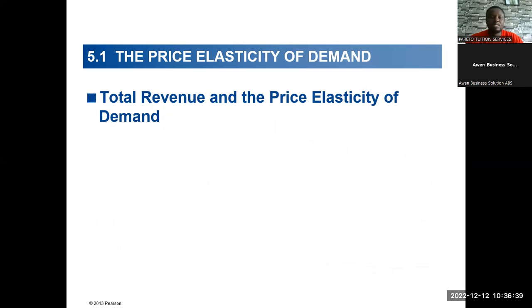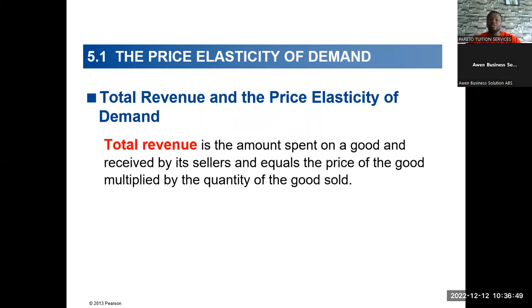Okay. All right. What is the relationship between total revenue and price elasticity of demand? So we need to know what total revenue is. To the consumer, total revenue is the total expenditure that you make on goods and services, the amount of money that the consumer spends on buying goods and services.